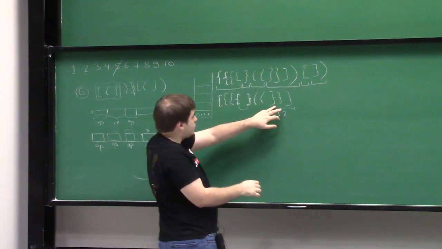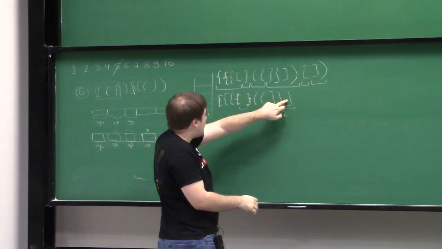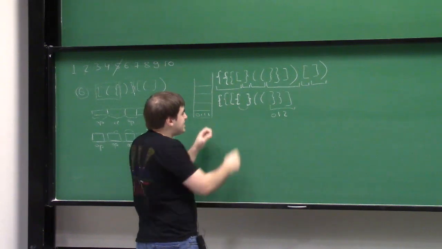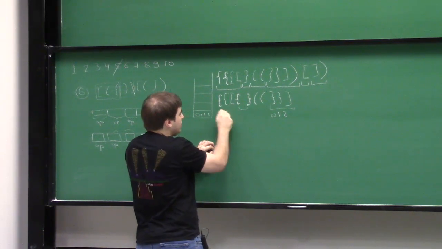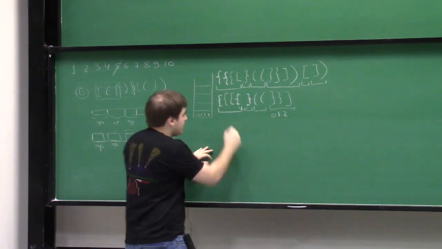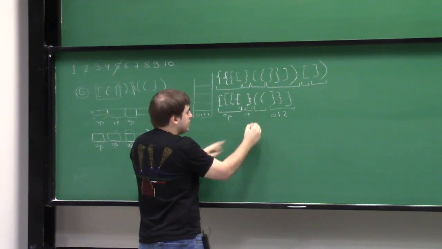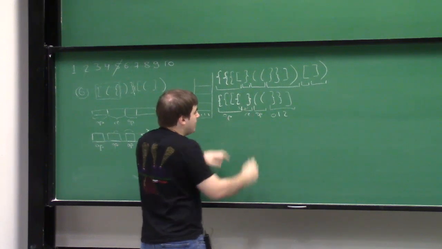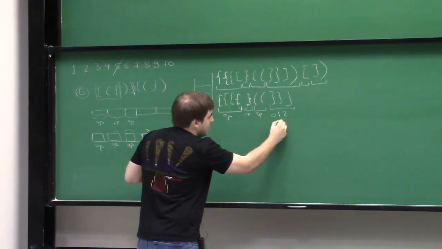The closest square bracket to the left is in the second group. Here we have a group, here we have a group. This is opening, this is closing, we already processed that. This is opening. These are closing.